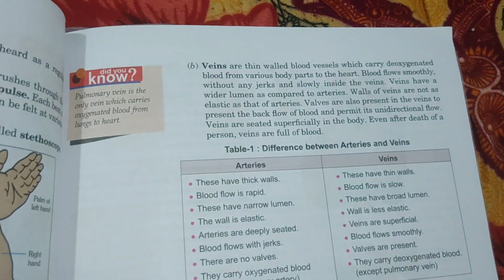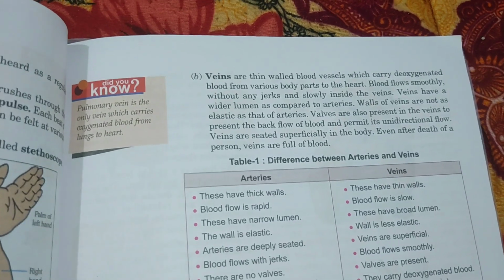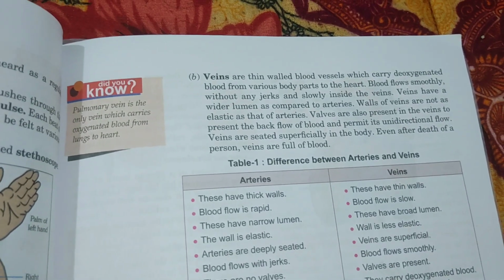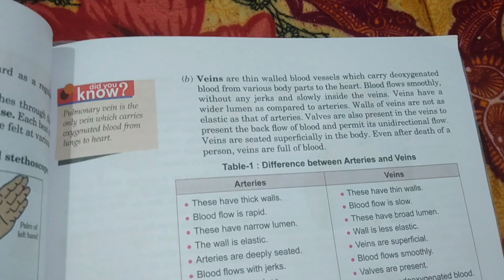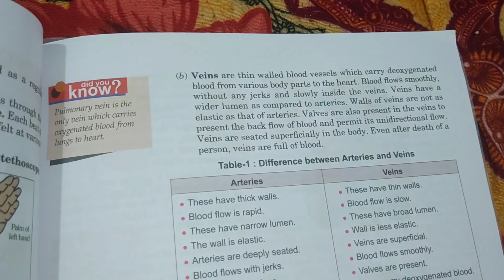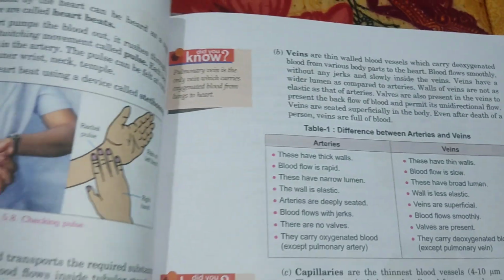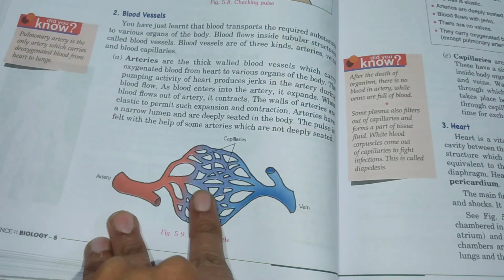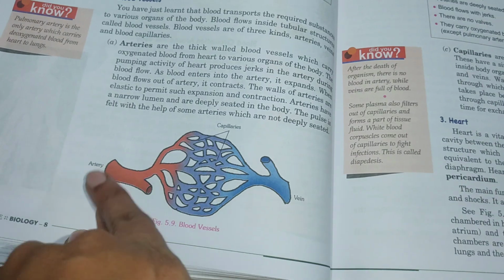Then next is veins. These are thin walled blood vessels which carry carbon dioxide-rich, deoxygenated blood from various parts of the body to the heart. Blood flows smoothly without any jerks because it is just carrying carbon dioxide to be released outside. Veins have a wider lumen compared to arteries, and the walls of veins are not as elastic as those of arteries.